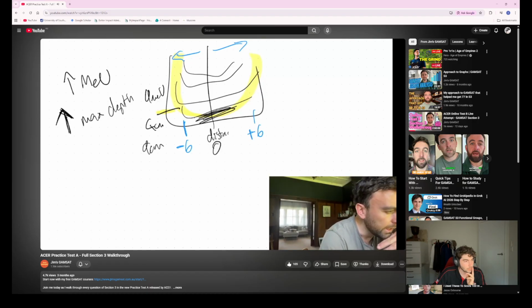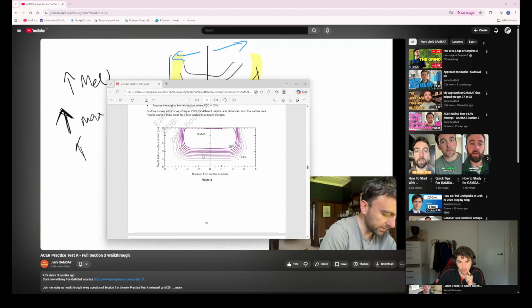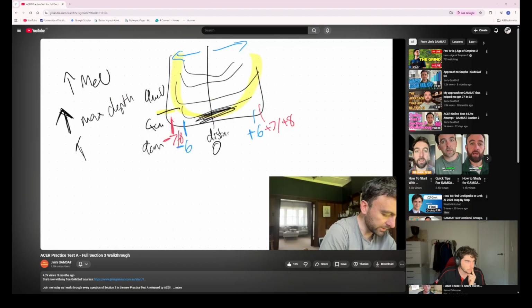And then on the other one, it's not going much further, but it's probably going to about -7, -8 to +7, +8-ish. So I would say that that's increasing. I was looking at these bits. It's this bit we're interested in though. Yeah, makes sense.